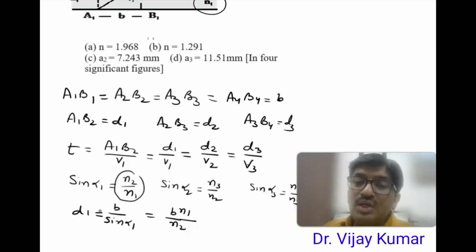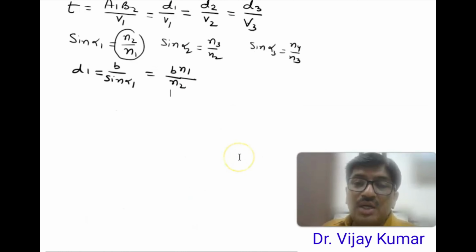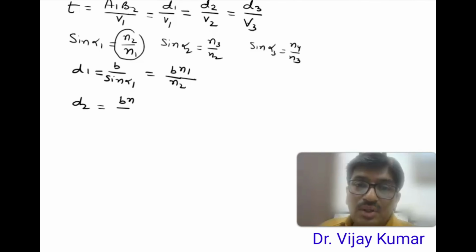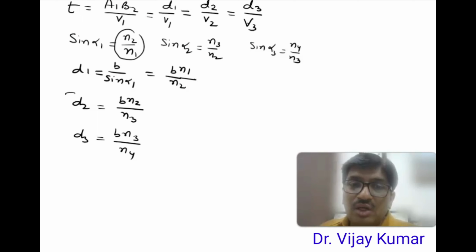This is D1. Similarly we can determine D2, that should be B N2 upon N3, and D3 becomes B N3 upon N4.